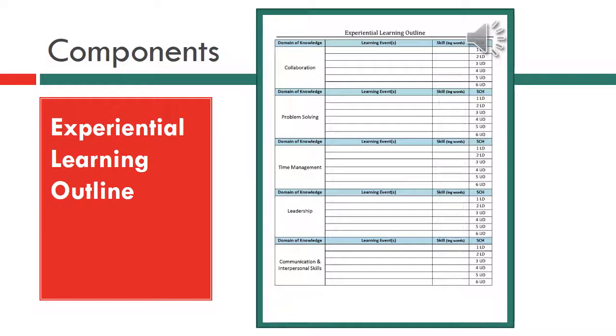If in collaboration you only use 3 skills and 3 learning events, then you're going to want to delete those extra lines, because you'll see that for each domain of knowledge you have up to 6 skills that you can list within that domain. But we don't want you to send an outline back that has empty spaces in it, and we also don't want you to fill it with skills that you're not actually including in your essay.